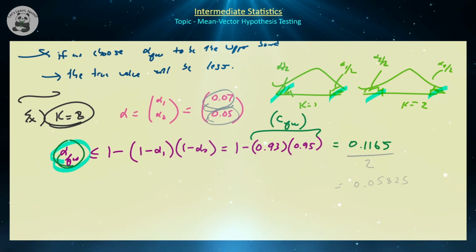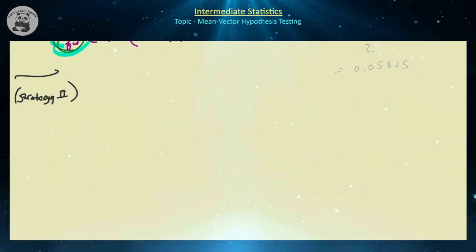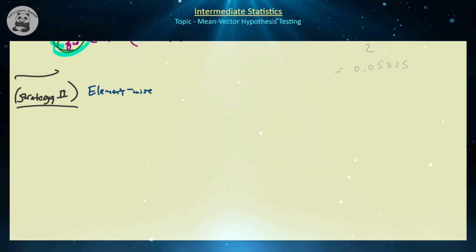Right? So if we want to generalize this to the generalized multivariate case, we're just going to call this strategy 2, to follow up from our element-wise classical approach. So what we're going to do is element-wise comparisons with what is called a Bonferroni multiplier.